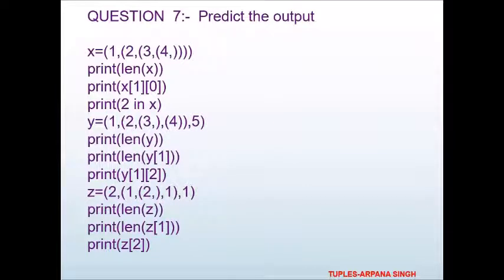Next question. These are the different tuples and you have to find the result. Length of x, again just join the brackets, this first bracket, the second bracket, third bracket. So this is the first element and this is the second element. x[1][0], this is 1, and within 1 this is 0. So 2 in x, false. Here length of y. Now this is the first element, and from here to here this is the second element and this is the third element.